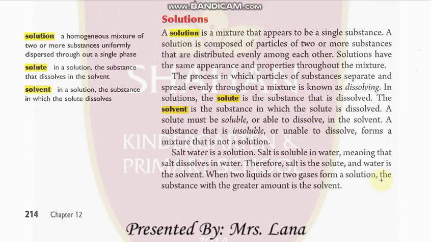We have another topic, which is solutions. A solution is a homogeneous mixture of two or more substances uniformly dispersed throughout a single phase. A solution is a mixture that appears to be a single substance.